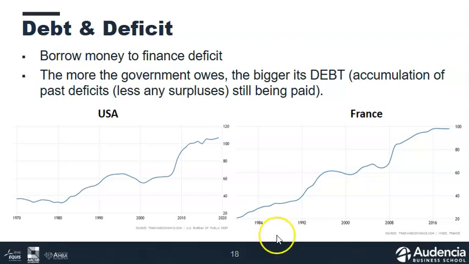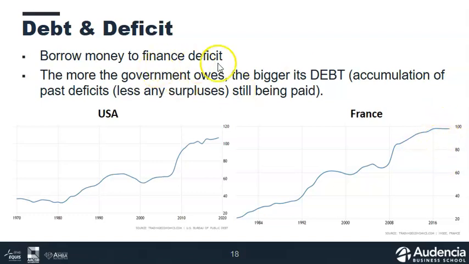And we can see that the debt of the United States has exceeded 100% of annual GDP, and it's close to that for France today. We're just hovering right near 100%. So that means that the value of total production produced in a given year is about equal to all the debt and what we owe.